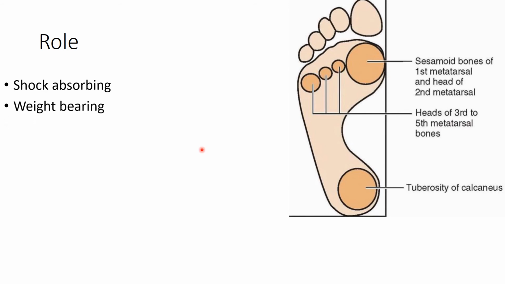Now next important is the weight bearing. The arches distribute the weight over the foot. Tarsal and metatarsal bones are arranged in these longitudinal and transverse arches, and they are supported by the flexible tendons as well as ligaments, which not only support them but also check undue movement of them, and that adds to the weight bearing capability and resiliency of the foot.